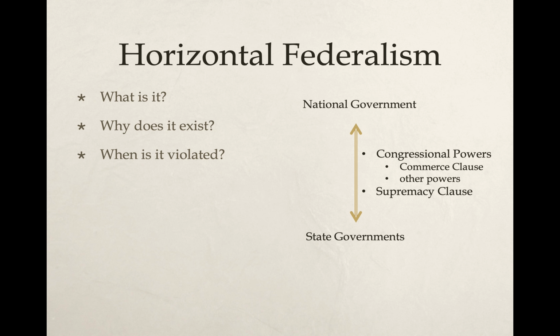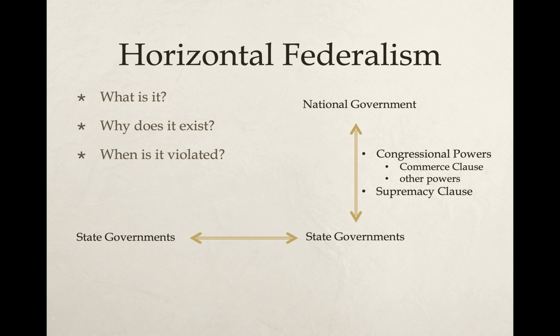So that is what we've focused on for most of the second half of the semester, this concept of vertical federalism. But now, in this last chapter, we're turning to a different concept, horizontal federalism. Horizontal federalism describes the relationship between the states, between what we might call co-equal sovereigns. Right?